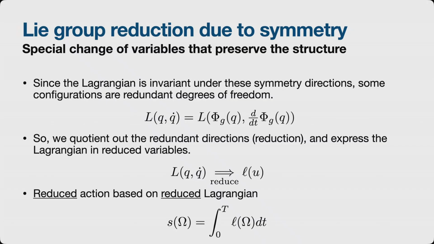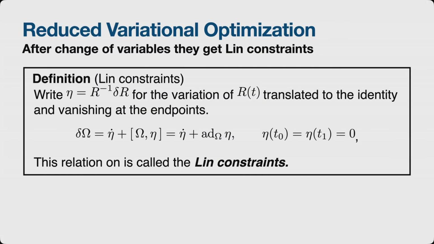because we managed to remove all the redundancies. But we run into a small issue, and that's that when you are trying to reduce these variables, you have to be careful about one thing, because when you didn't reduce them, you were able to test it against all possible variations. But when you do reduce them, there is sort of a change of variables relationship between the reduced infinitesimal variation and the variations that are not reduced.